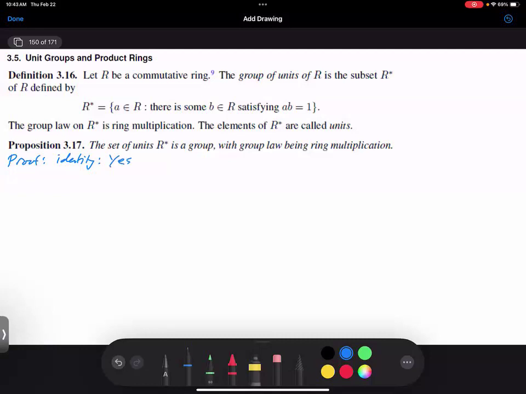Yes. The multiplicative identity of R. What about associativity? Does it have associativity? Yeah, it's inherited.